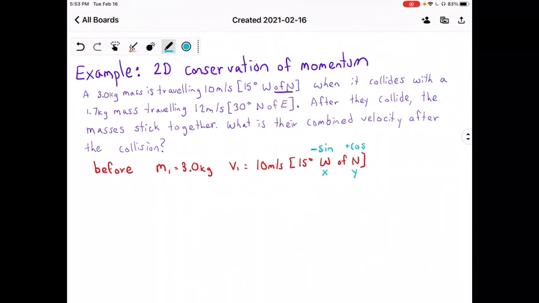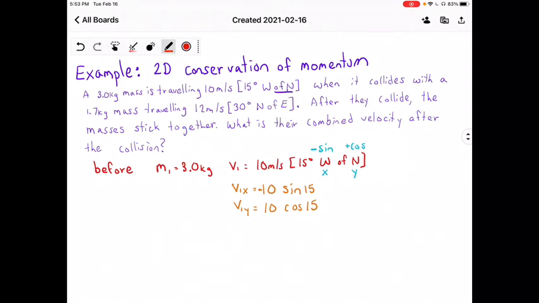So I can break my v1 apart into its two vector components. v1x equals negative 10 sine 15, because west is a negative direction, and v1y equals 10 cos 15.